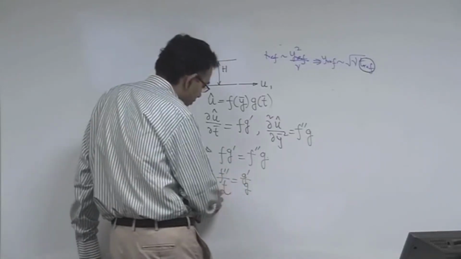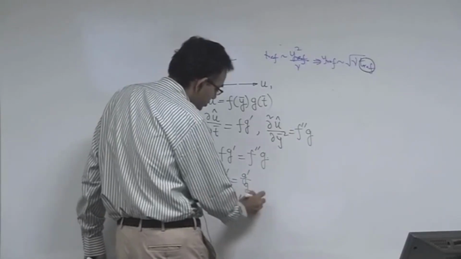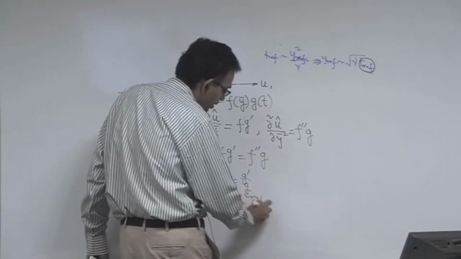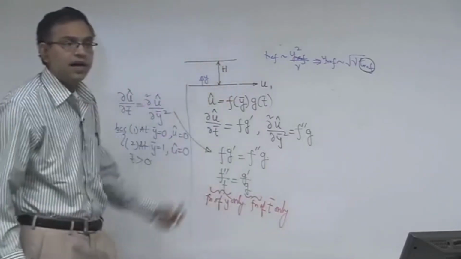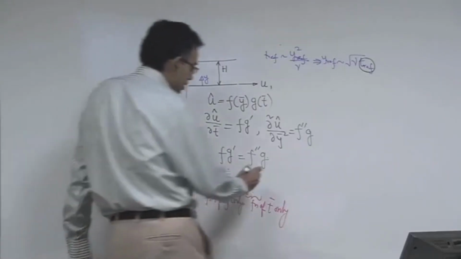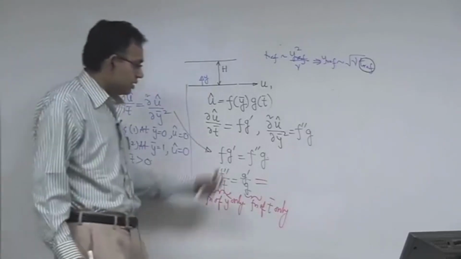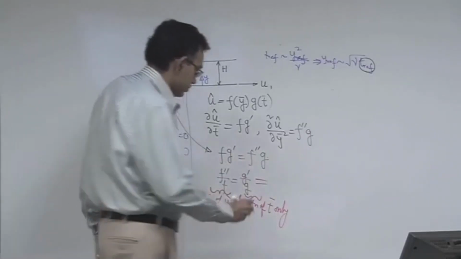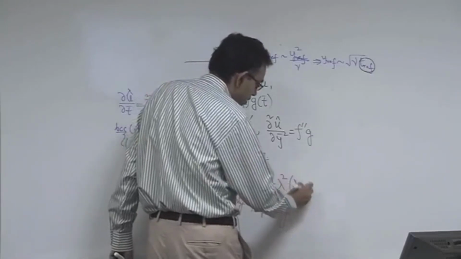This is a function of y only, this is a function of t only. That means we claim that each is equal to a constant. Now, what constant? Positive constant or negative constant? It is a negative constant, minus lambda square say.